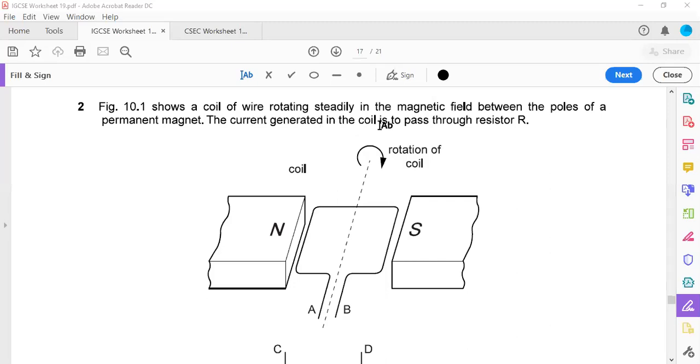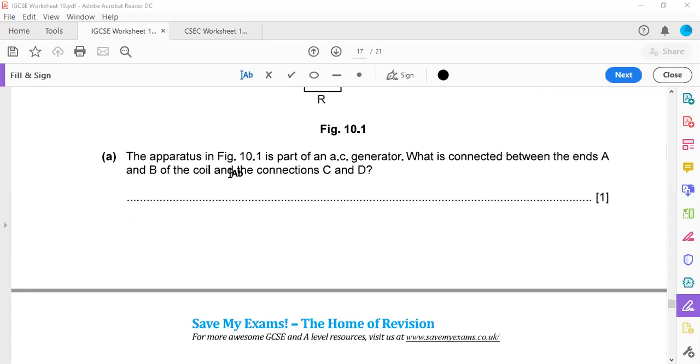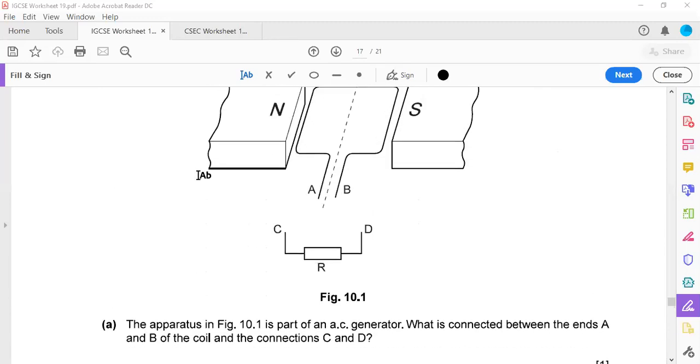The current generated in the coil is passed through a resistor R. The apparatus in figure 10.1 is part of an AC generator. What is connected between ends A and B of the coil and the connections C and D?